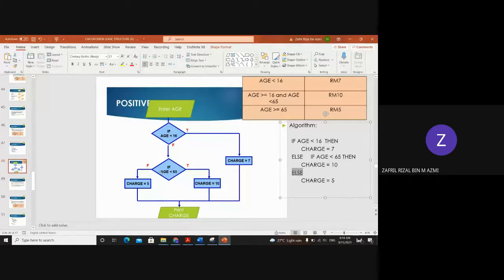That's why there is no extra third decision, because there is no if, only else. The last decision's false belongs to else.